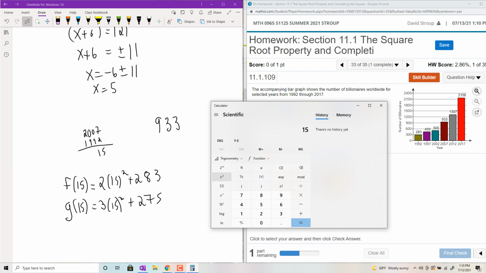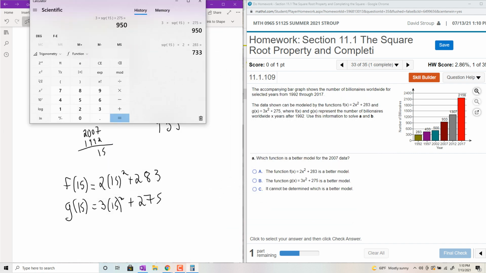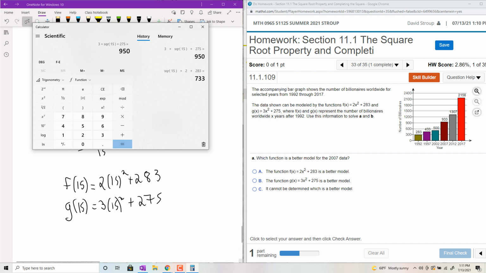Let's try it again. 15 squared times 2 plus 283. And then the other one, 3 times 15 squared plus 275. Okay, so clearly function g is better because it's 950, which is closer to the 933. So g is better.